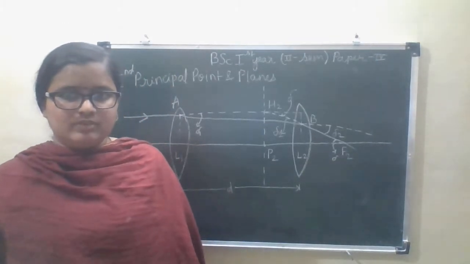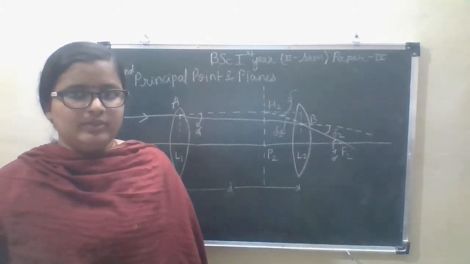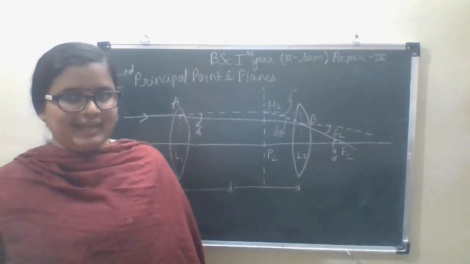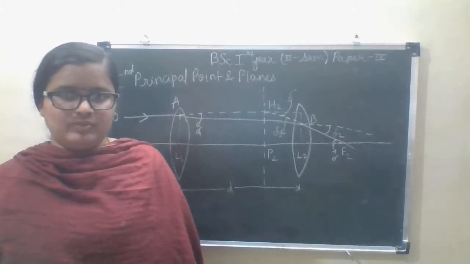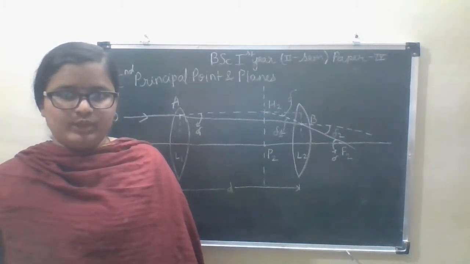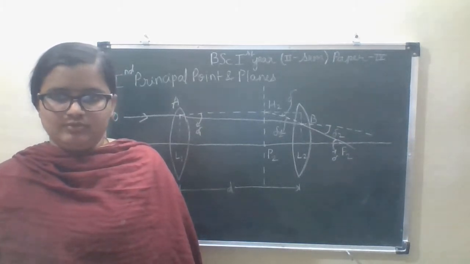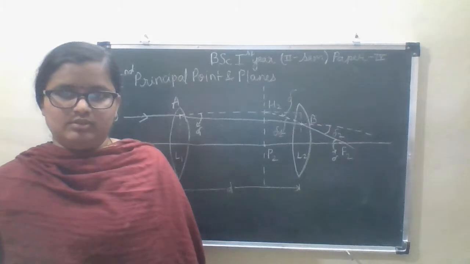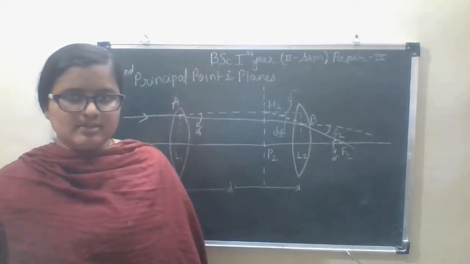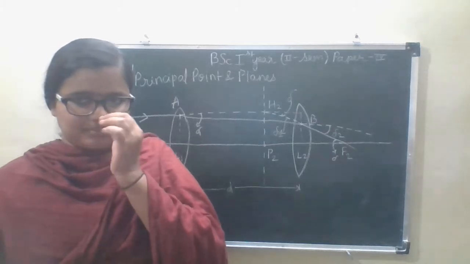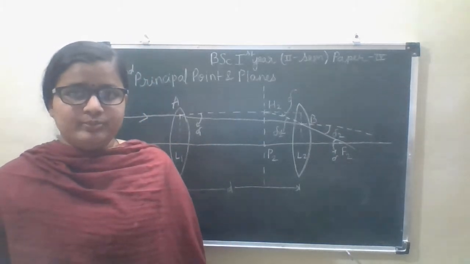So the first principal point and first principal plane we have seen were formed in the object space. The F1 point was the point we saw, and the P1 point was in the object space.